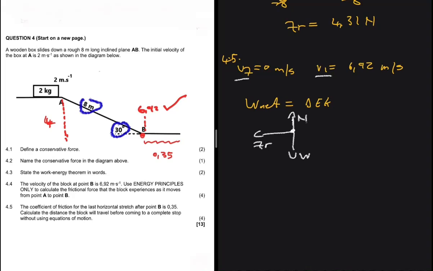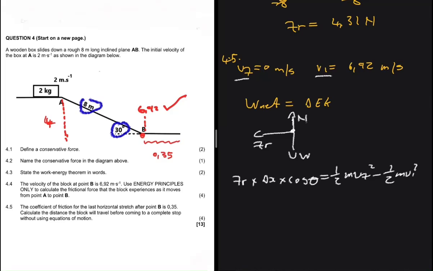So we're going to have the work net being the force done by friction multiplied by delta x multiplied by cos of theta, being equal to a half m vf squared minus a half m vi squared. So the frictional force will be the coefficient multiplied by the normal force. We know that fully well.